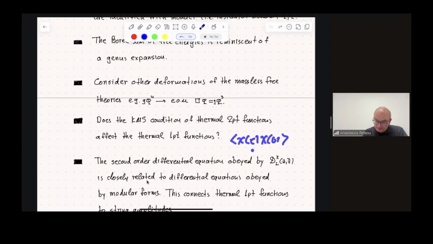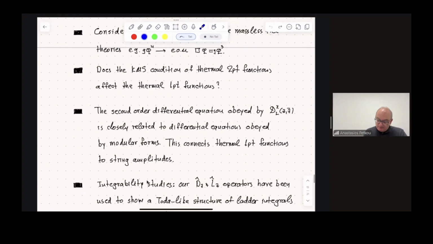If this is KMS invariant, I can tell you what x squared, the thermal 1-point function, is. It's a trivial calculation in quantum mechanics, but this is the aim of many people: from a KMS condition, calculate the coefficient. This x squared is a coefficient. It doesn't depend on t. It's one of the coefficients in the expansion. We can talk about that at some point. But okay, that's a very trivial thing to do.